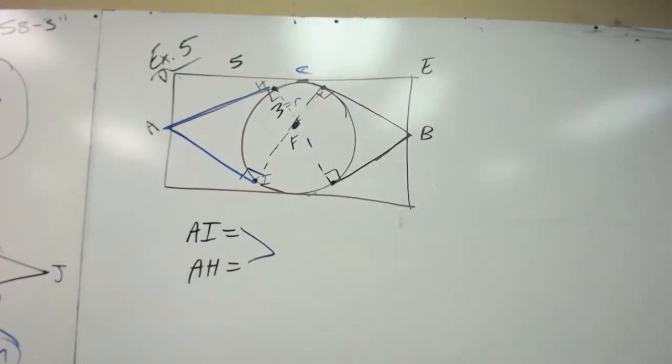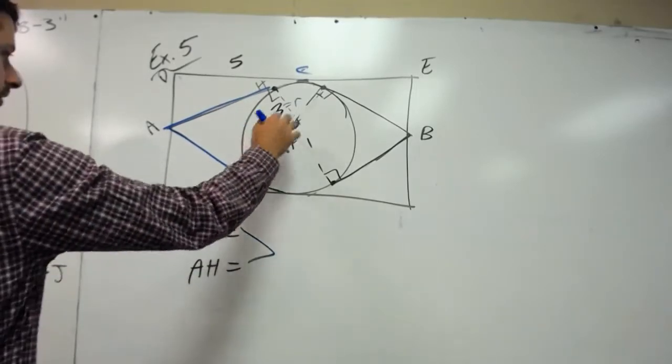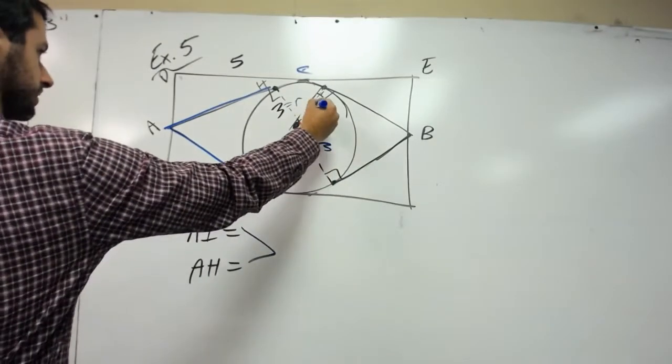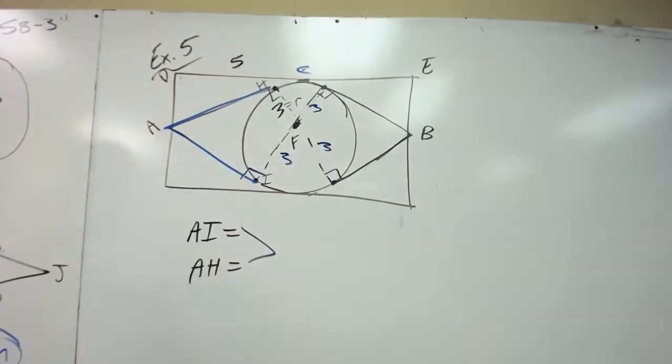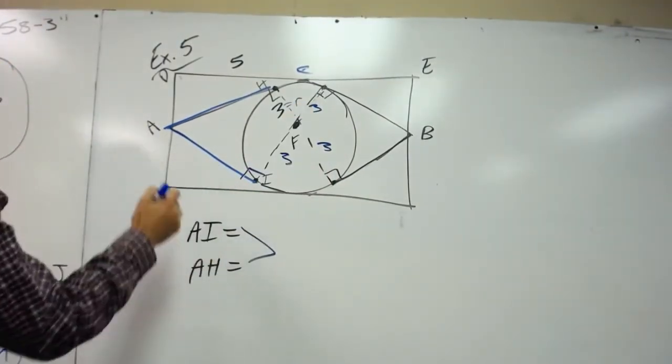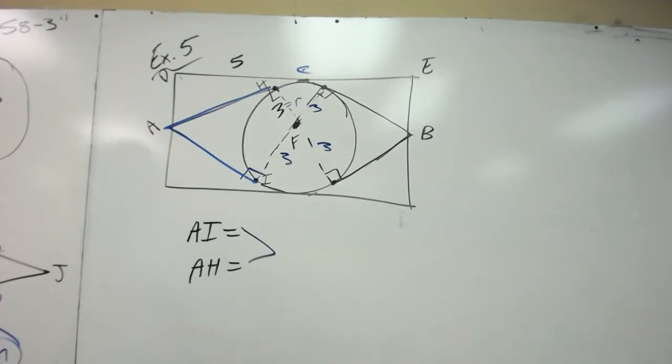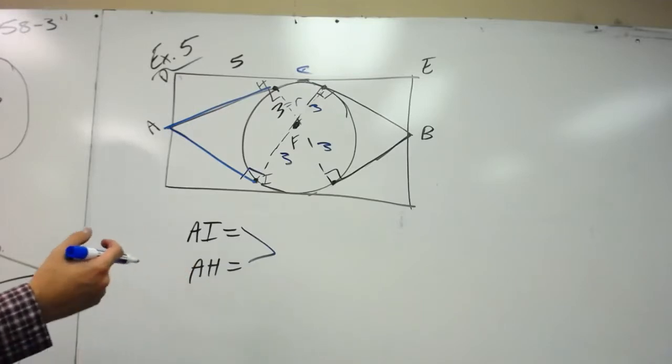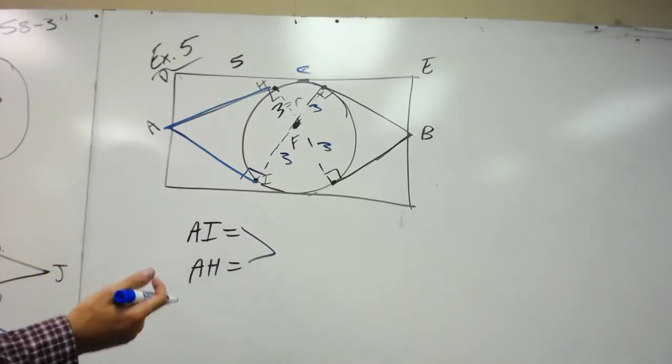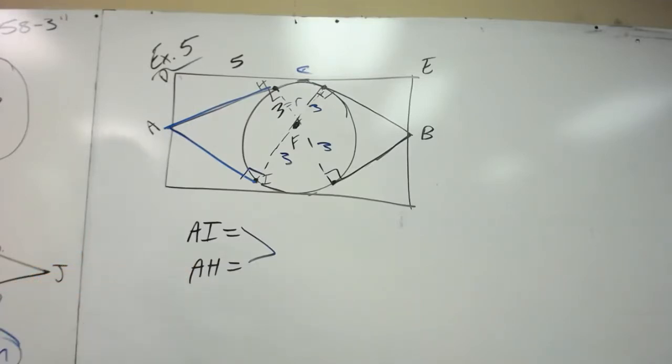So now how can we figure those out? Well, it gives us 3 as a radius. So all these are radius, their radius is 3. But that still doesn't help us get from A to I or A to H. So once again, you just got to get good at realizing when you can create triangles.